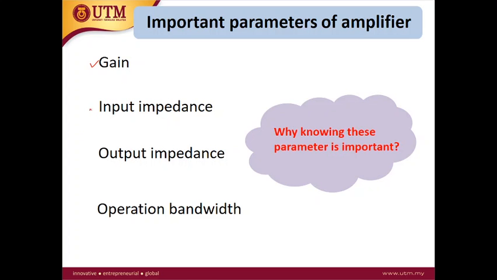And then the second and the third are the impedance of the amplifier itself. So we have the term called input impedance and the output impedance. And then the last one is operation bandwidth. Operation bandwidth relates to the frequency of the signal.